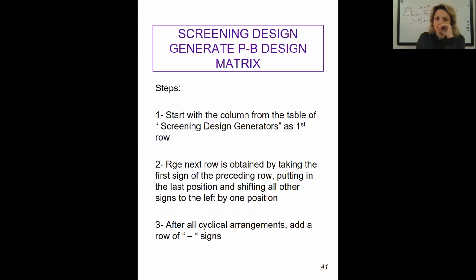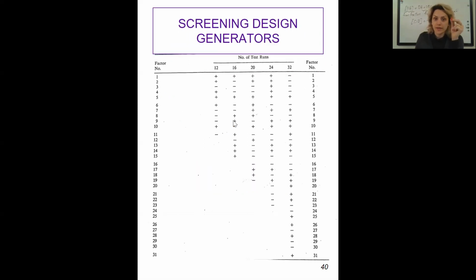Look here, these are the steps. I start with a column from the table of screening design generators as the first row. So maybe it's this column, we don't know, one of these columns. It depends on the number of factors and the number of runs that you would have. You choose the column, rotate it, and you would have it as your first row.